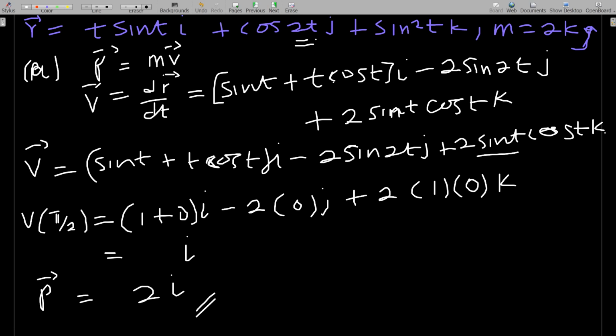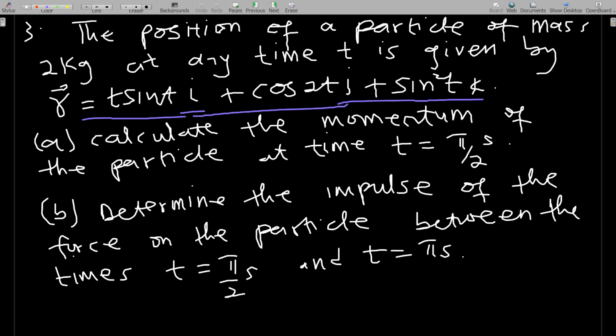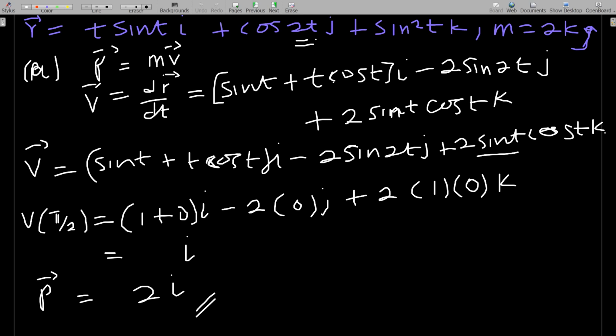Now you go to the next question, which says that we should determine the impulse of the force on a particle between the times t equals this and t equals that. Like I said, there are plenty of formulas you should know, but I hope that at the end of this lesson you'll be able to know most of them.